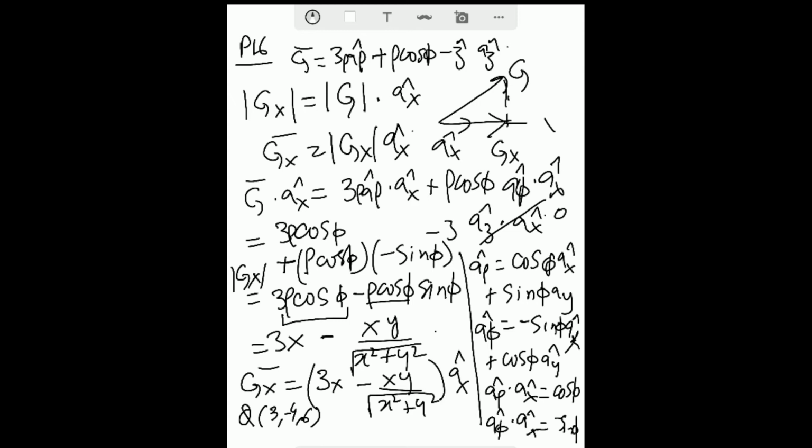There is no z, so I don't need z for that. I can just use the calculator or MATLAB or any software you like to use. So the answer comes out to be g_x equal to 11.4 a_x.